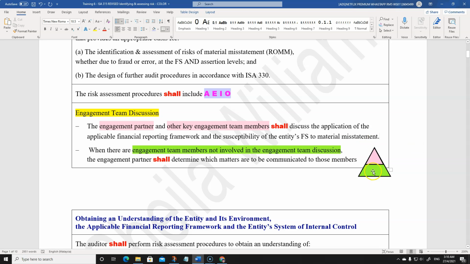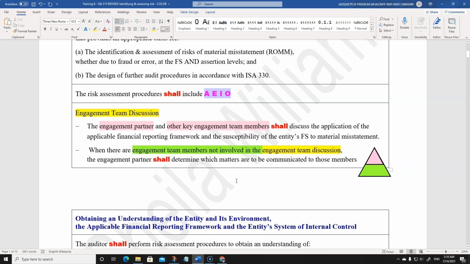Then let's talk about the green bits here. The green bits are more of the juniors, aren't they? So it says here when the engagement team members are not involved in the engagement team discussion. So this engagement team discussion is talking about that discussion, because the discussion would normally be just the pink people, right? Then the engagement partner will determine which matters are communicated to them.